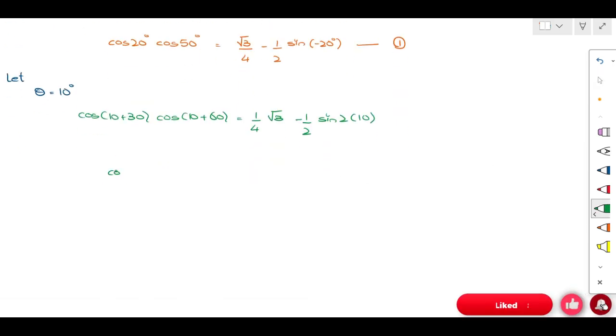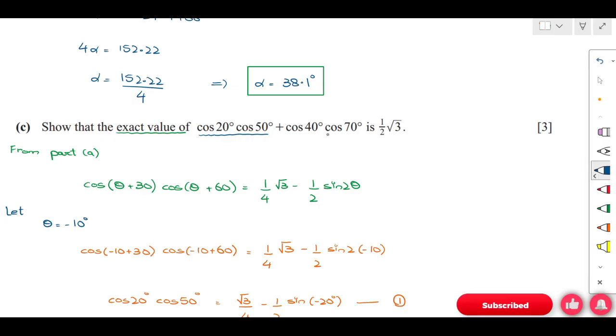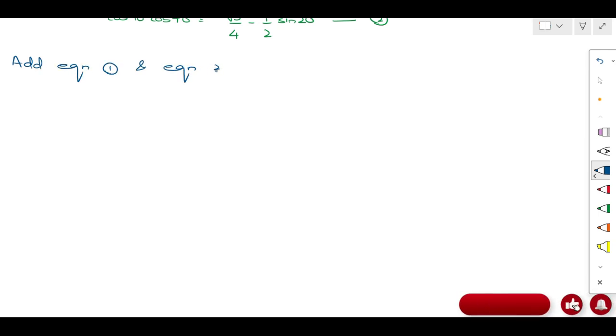So simplify, this is cos 40 cos 70, that is square root of 3 divided by 4 minus 1 by 2 sine 2 times 10, which is 20 degrees. This is my second expression. Now we can say add equation 1 and equation 2.